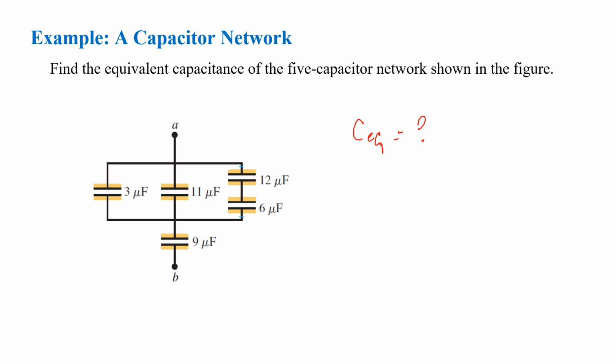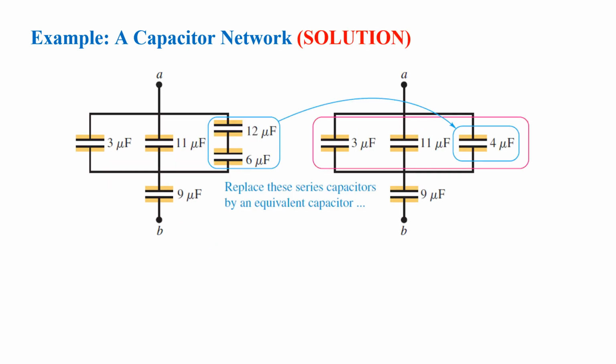So let's solve this problem. In finding the equivalent capacitance of your capacitor network, our goal is to simplify the network into just one single capacitor. The technique is to simplify first those networks which are much easier to simplify.